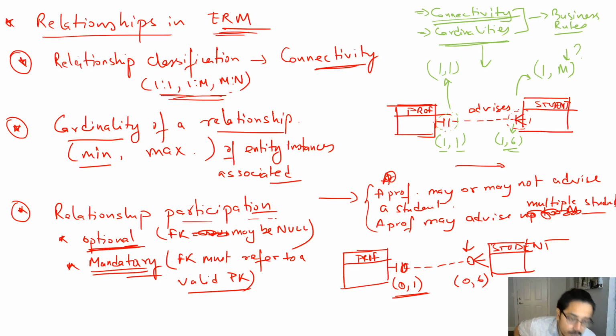Okay. So that is what these circles and these solid and dashed lines represent in the participation. So if you have this, then this stands for 0 or M. Thereafter, if you have this, then this stands for mandatory participation for 1:M.